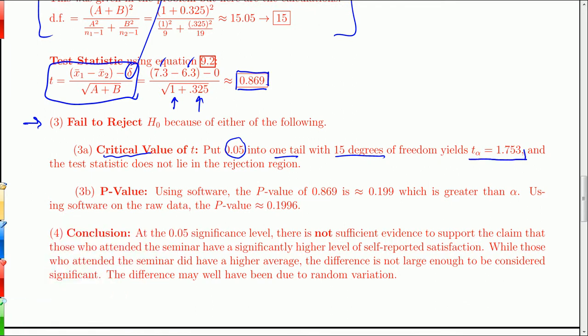T sub alpha, 1.753. And what you should notice is the test statistic, that's this, 0.869, is not in the rejection region defined by a critical value of 1.753. Specifically, if I was to draw the t distribution, I'd have 1.753 here.